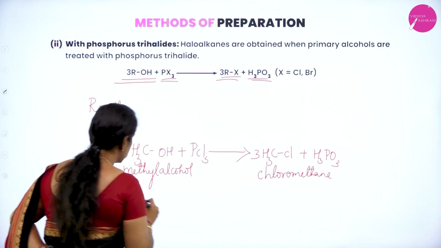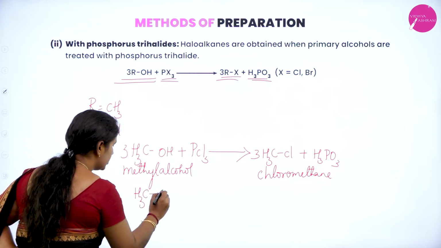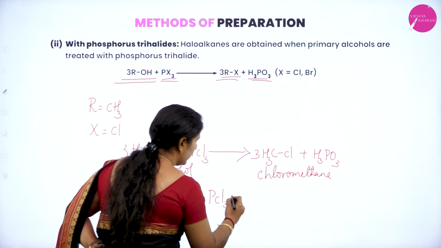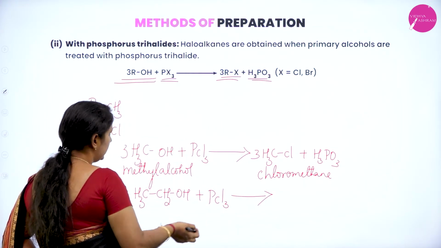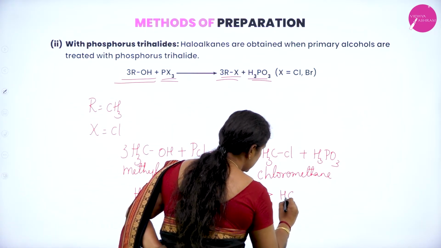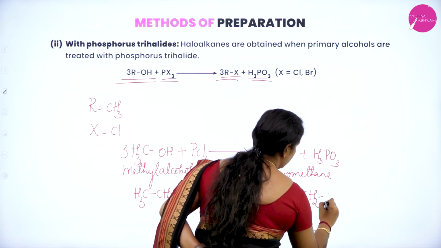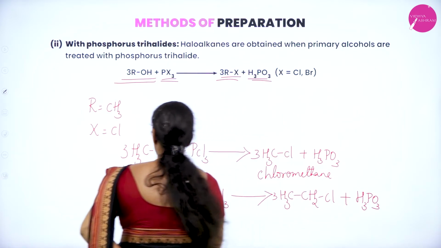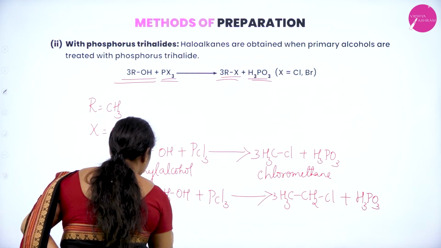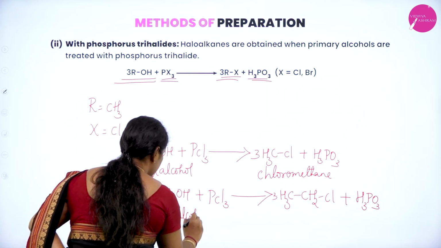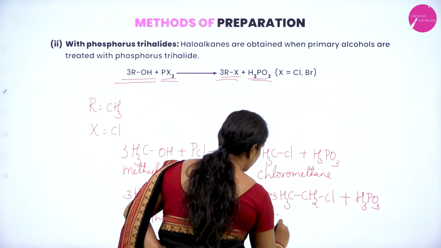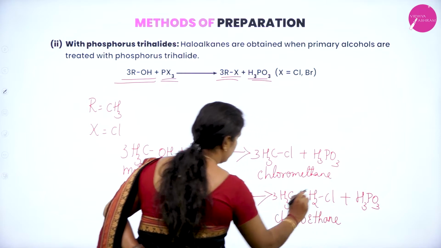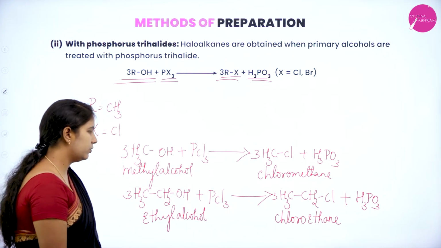You can take one more example by writing CH3CH2OH also with PCl3. Okay, it is ethyl alcohol, so it forms CH3CH2Cl plus H3PO3. So it is ethyl alcohol and it is chloroethane. Chloroethane or ethyl chloride, you can say.